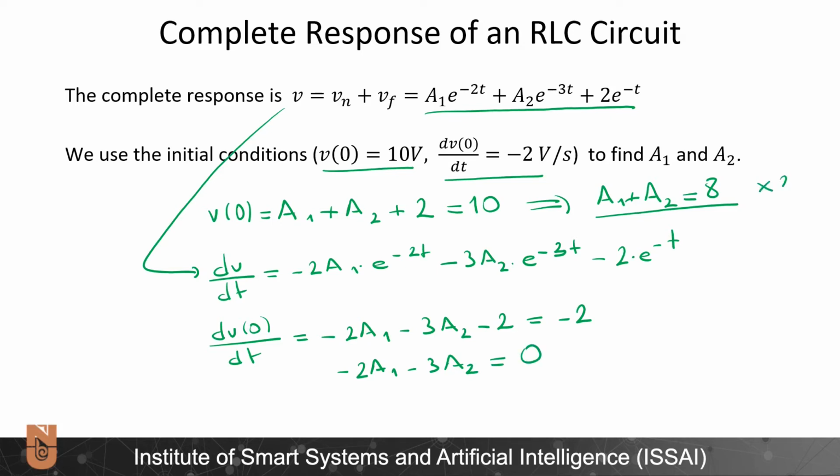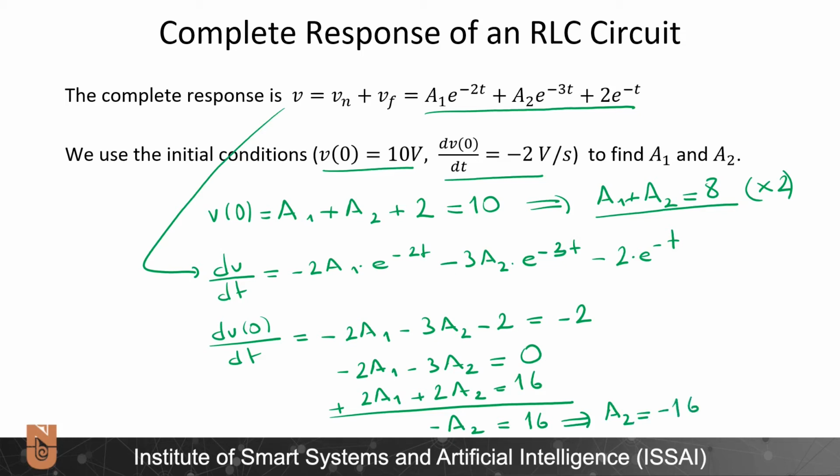Let's multiply the first equation by 2. I have 2a1 plus 2a2 is equal to 16. Let's add these two equations. I end up with minus a2 is equal to 16. From here, I calculate a2 is equal to minus 16. And by using this equation, I calculate a1 is equal to 24.